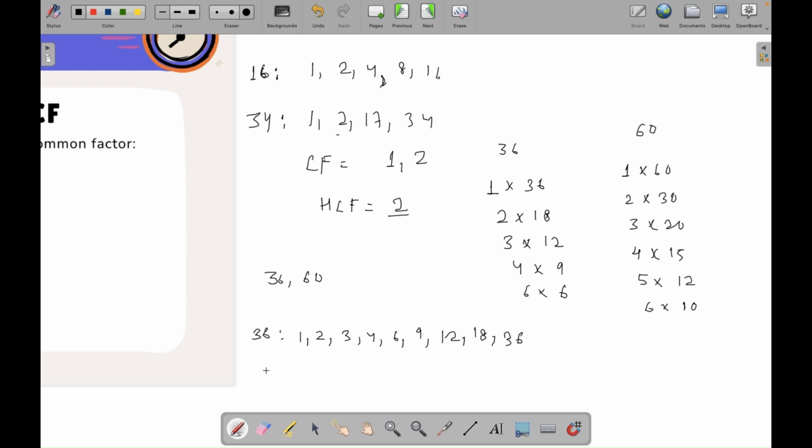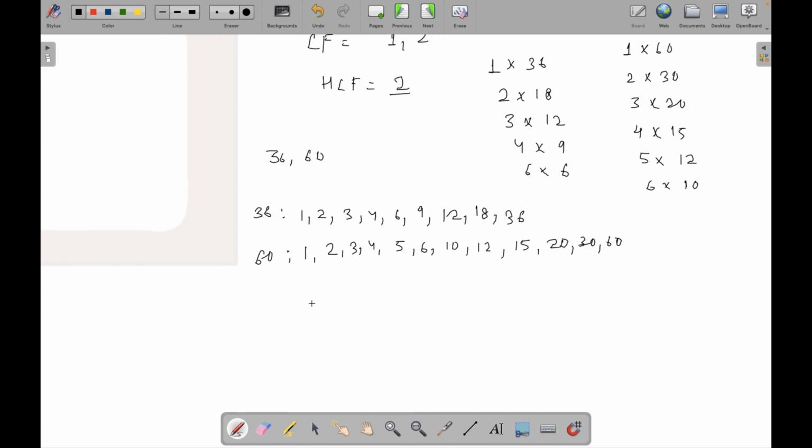So we'll stop. So 60: 1, 2, 3, 4, 5, right? Then 6, then 10, then 12, then 15, then 20, then 30, and then 60.